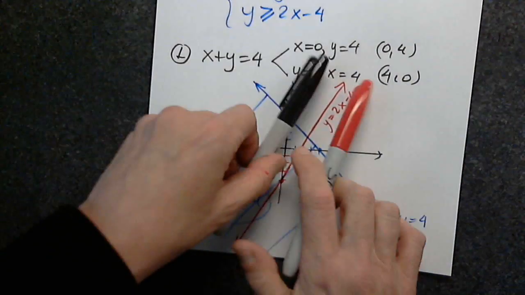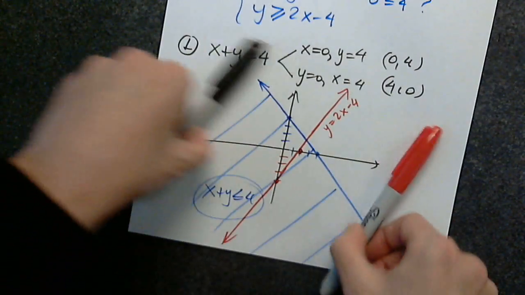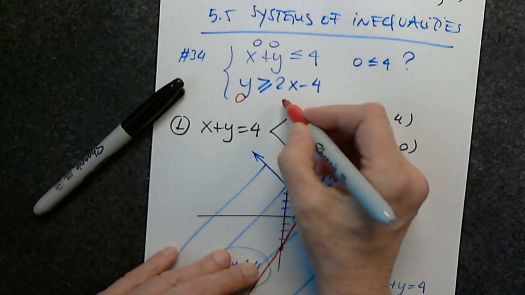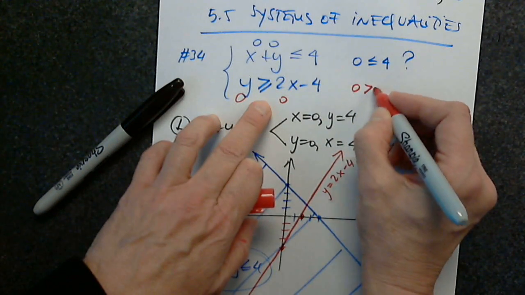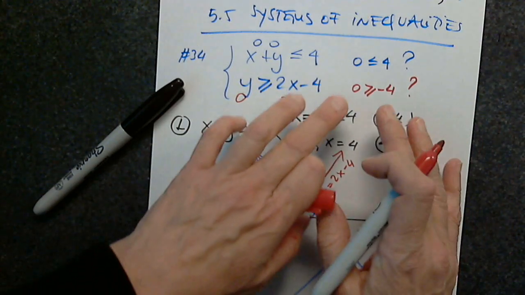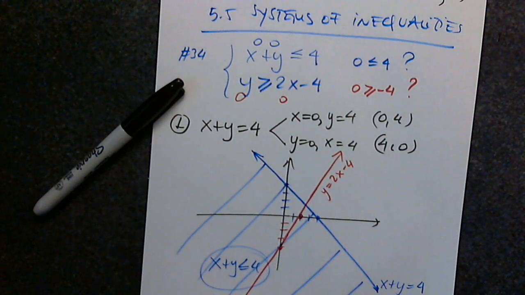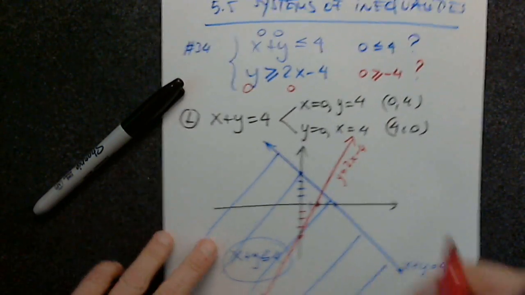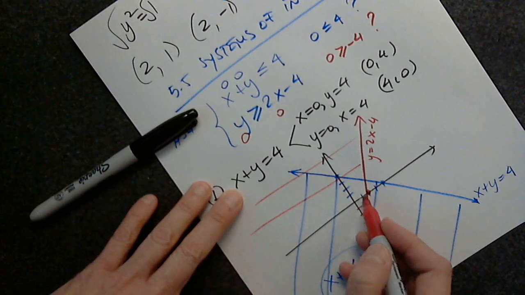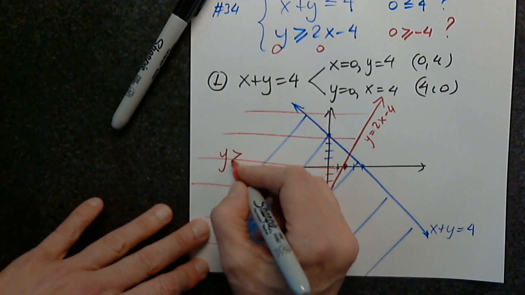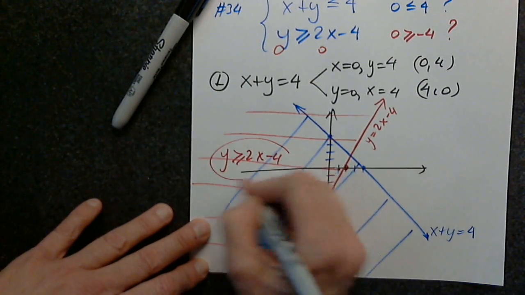I see that it divides the plane in two regions. And again, I'm going to pick the easiest point to work with, which is 0, 0. Is 0 greater than or equal to negative 4? If you say yes, I will shade in the region with 0. If you say no, I will shade in the opposite region. It is greater. So this is indeed y greater than or equal to 2x minus 4.